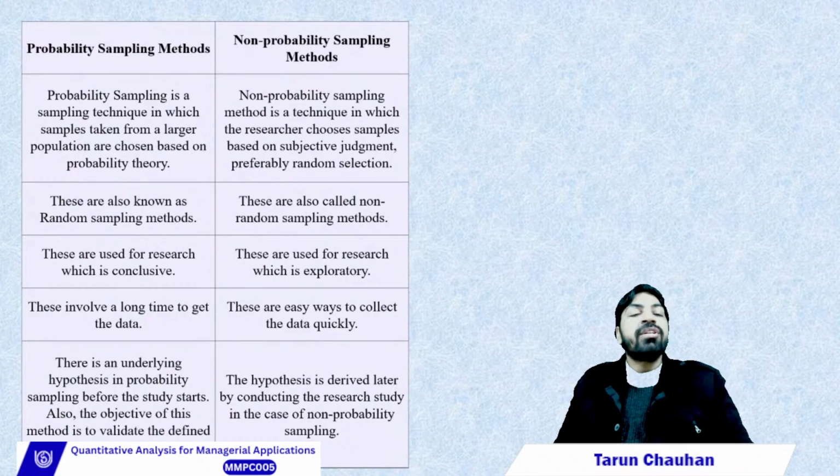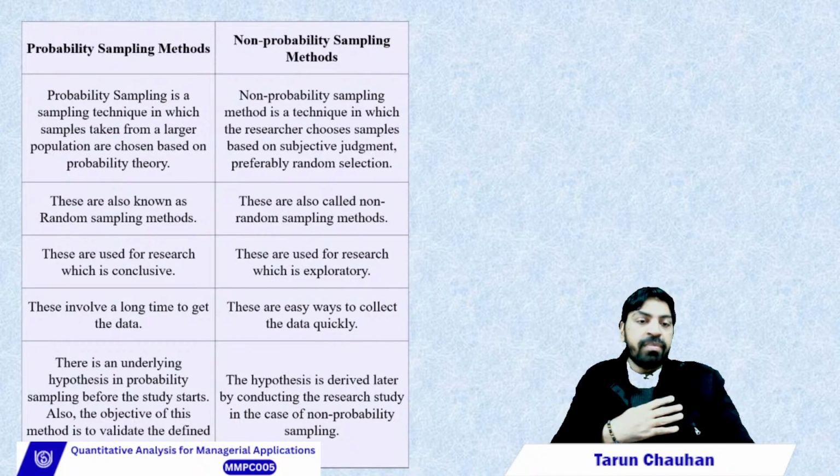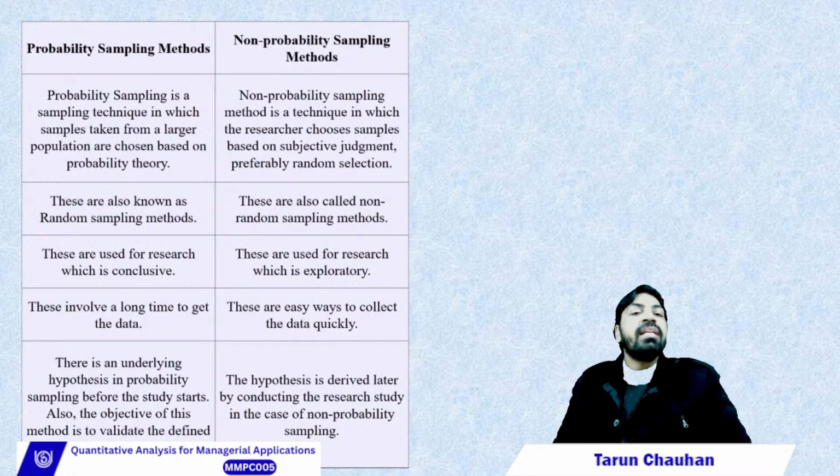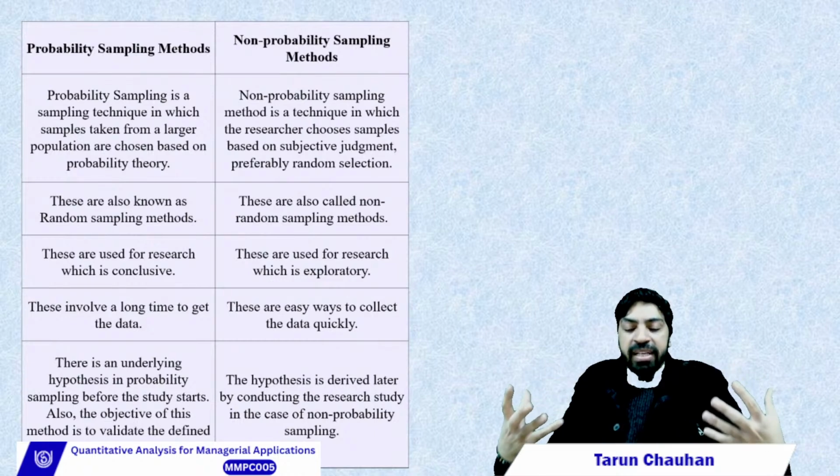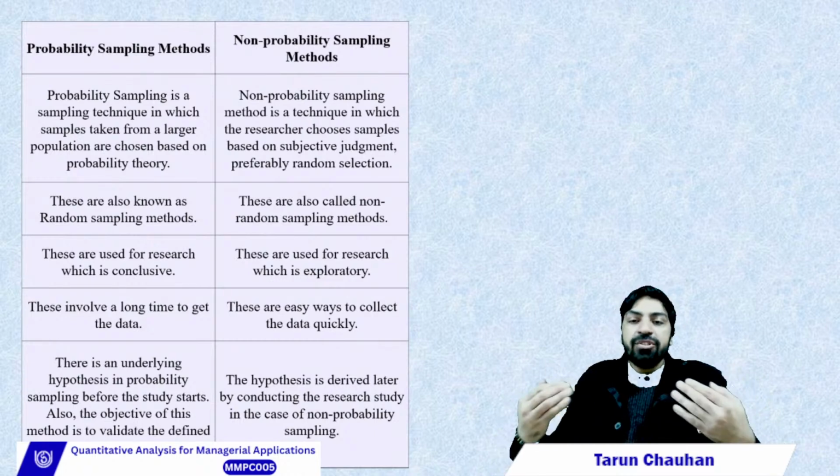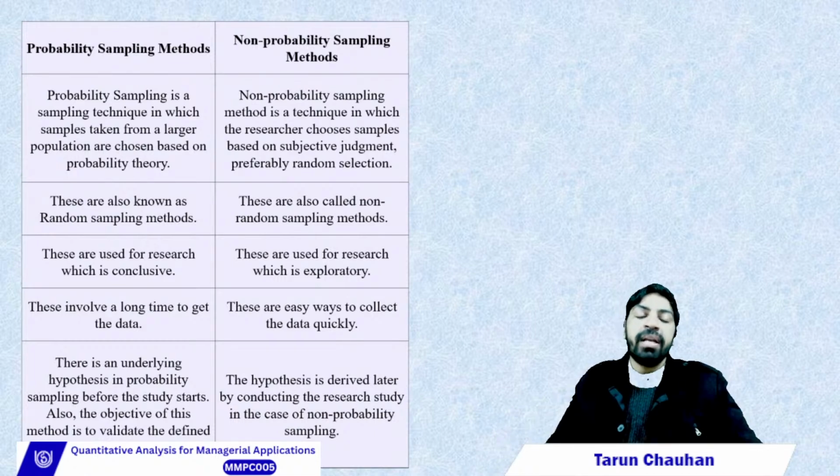Probability sampling is used for research which is conclusive, where a conclusion definitely comes out of the study. But non-probability sampling is used for research which is exploratory, where you try to explore more and more of that particular study.